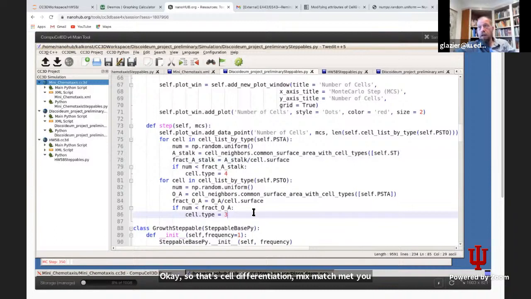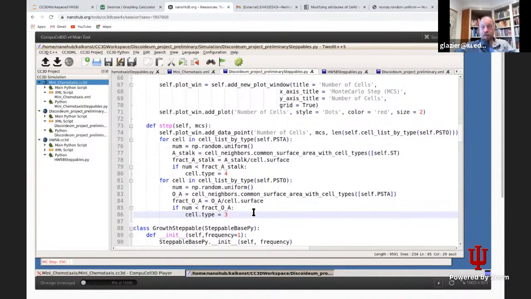Yes. So one thing to watch out for is to double check that the common surface area with cells divided by the cell surface makes sense, because it may calculate the common surface area using a slightly different algorithm from surface.